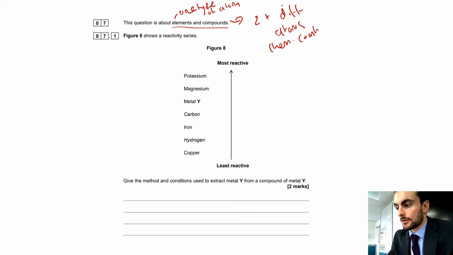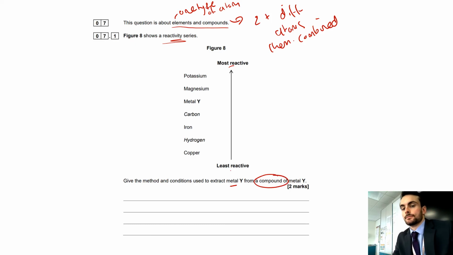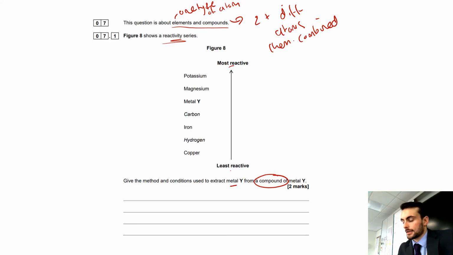So thinking about those when we're answering this question. Figure 8 shows a reactivity series, so from the least reactive up to the most, there's a bunch of elements, and then metal Y, which is an unknown metal. Give a method and conditions used to extract metal Y from a compound of metal Y. So how do we get the pure metal out of a compound that has that metal in it?